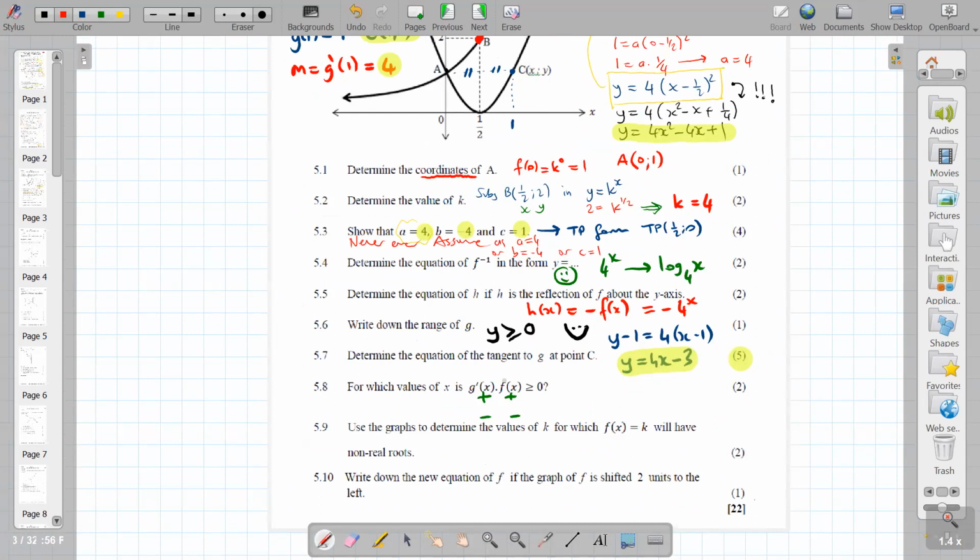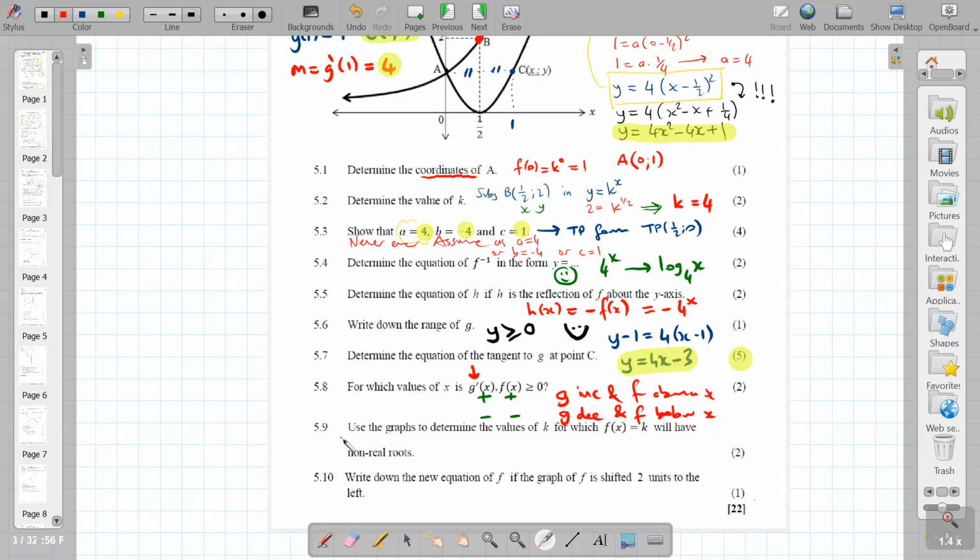Now, both positive means, because this is a derivative, be careful, g increasing and f above x, or the other way around, g decreasing and f below x. So from the graph, we will be looking for such conditions, whenever we have g of x increasing and f of x above x, or the other way around, g of x decreasing and f of x below x. So those intervals will give us the answer.